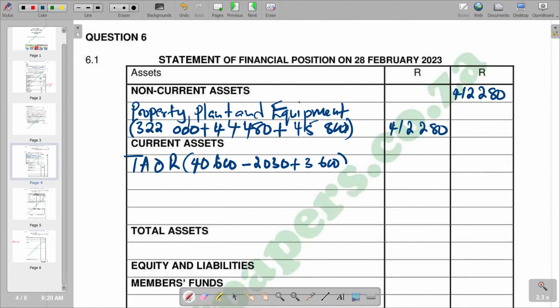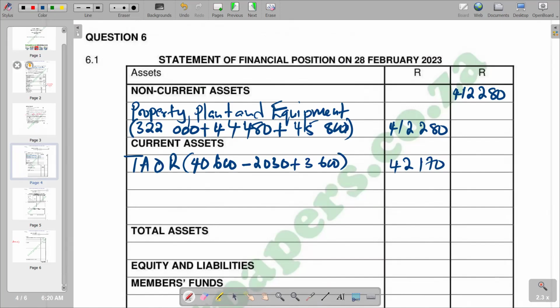So from there, we can now get the total for trade and other receivables. So it says 40,600 minus 2,030 plus 3,600. And the final figure that you're supposed to get is 42,170. And then from there, we check other current assets that we have in the question.